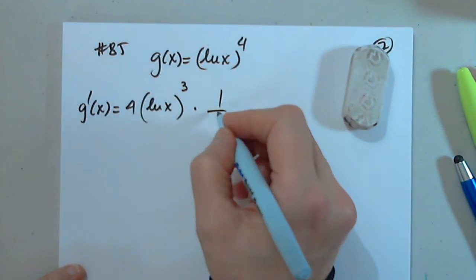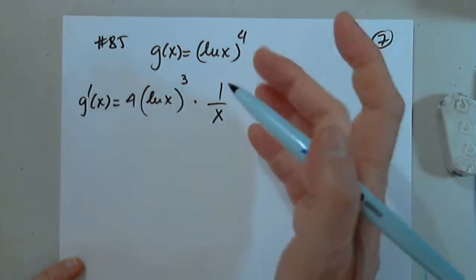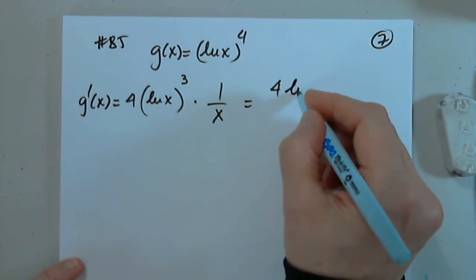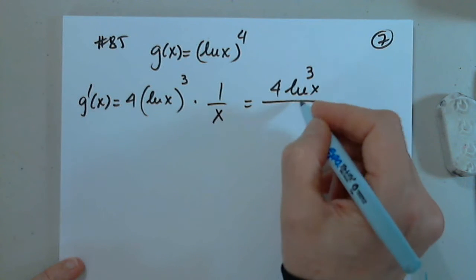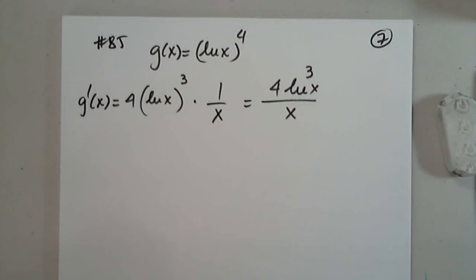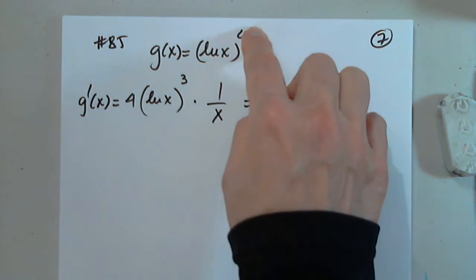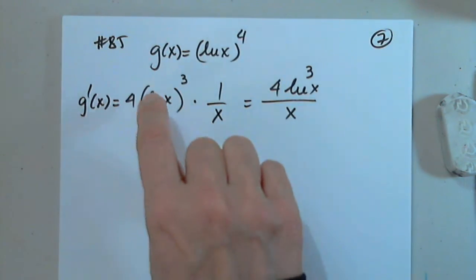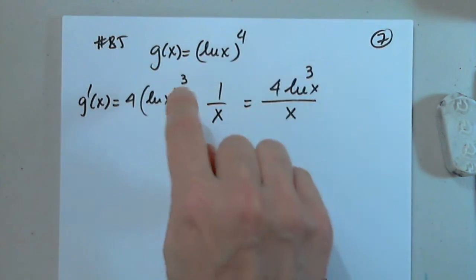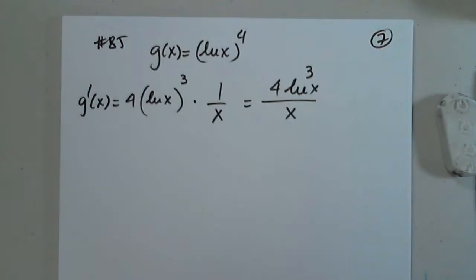The inner function prime is 1 over x. And this is it. You can rearrange it if you want, but there is nothing else. It's the chain rule. Make sure you don't put plus or minus here. Careful. So a function raised to a power 4 times the function raised to 4 minus 1 times the inner function prime.